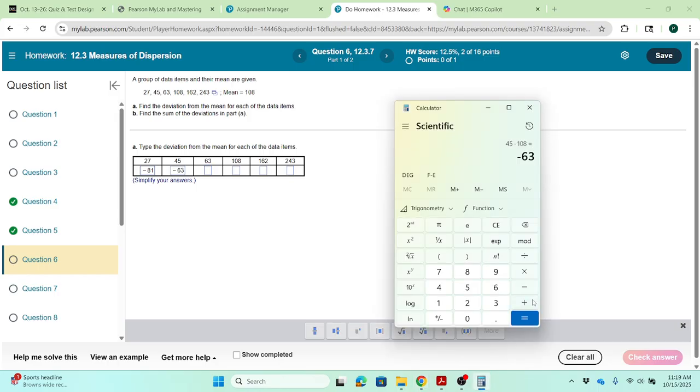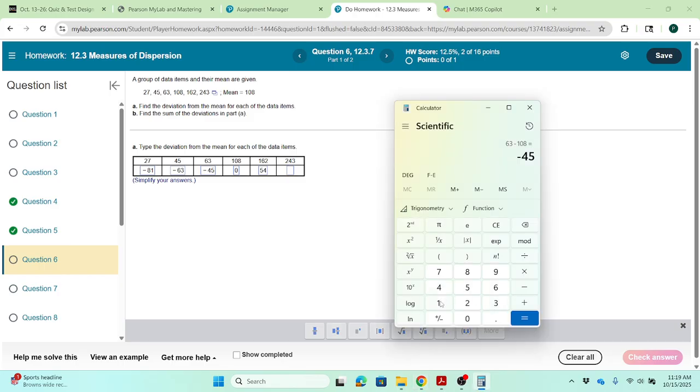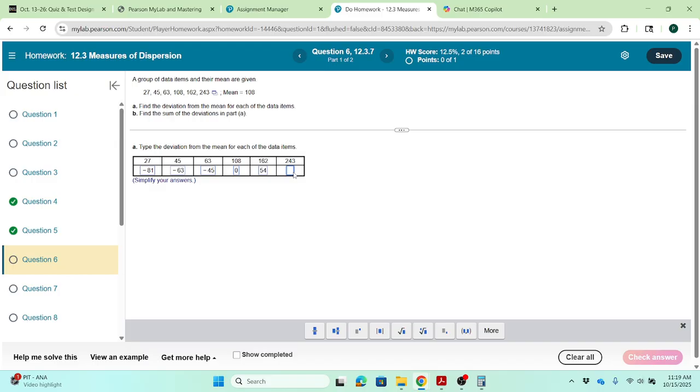And 63 minus 108 is negative 45. 108 minus 108 is 0. 162 minus 108 is 54. And 243 minus 108 is 135.